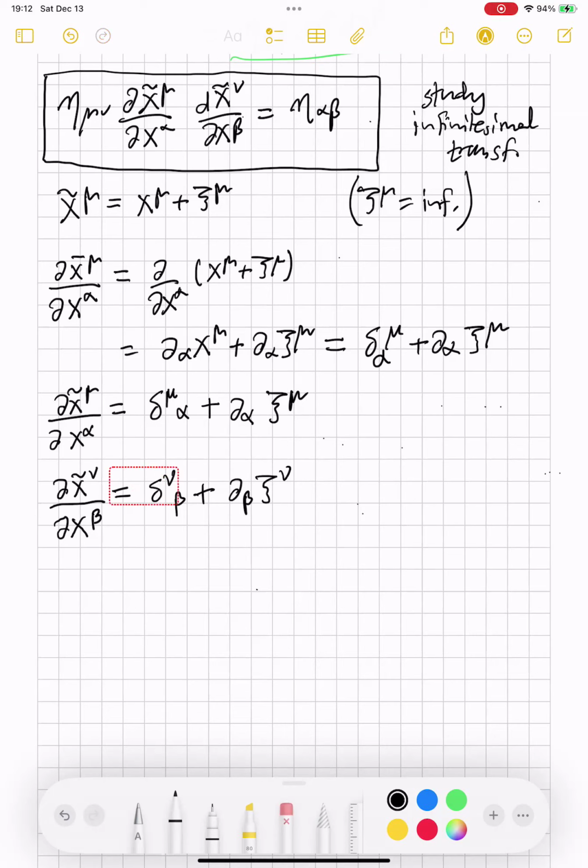Okay. And now what we can do is we can take these expressions in the green box and plug them into the black box. So let's do that.